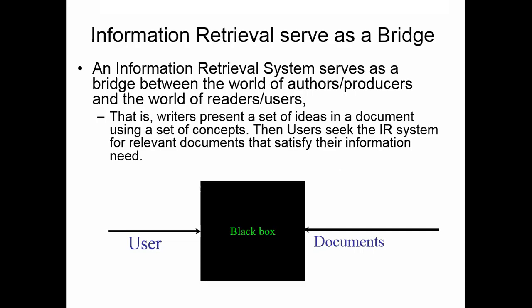Indexing serves the author's world, searching serves the user's world. Indexing is responsible for organizing the large collection of documents. Searching is responsible for finding something relevant from the document collection as per the information need of users. So how to design this system is a major issue.